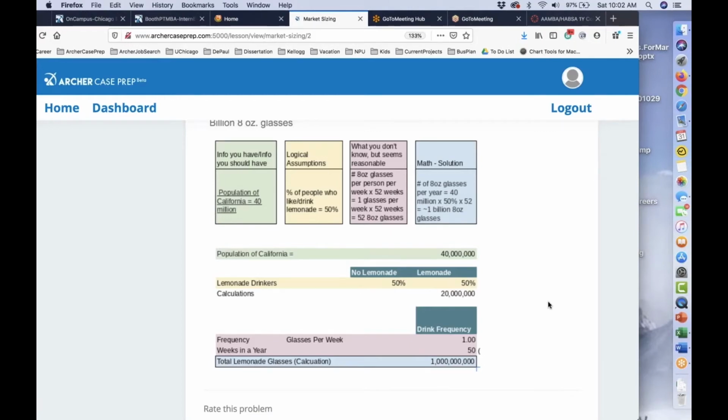Maybe the one recommendation I would make is to break the groups down before you put in the frequency of drinking. That sounds terrible, frequency of drinking, but it helps to understand the population first and then the behavior second.